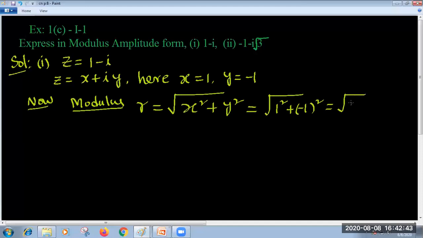So 1 plus 1, root 2. The modulus of this complex number is root 2.